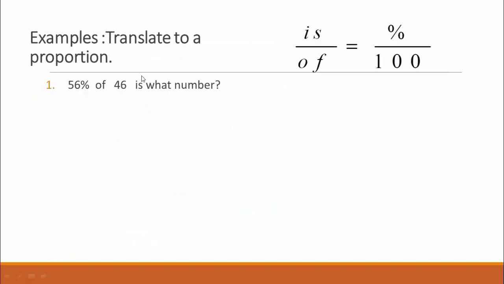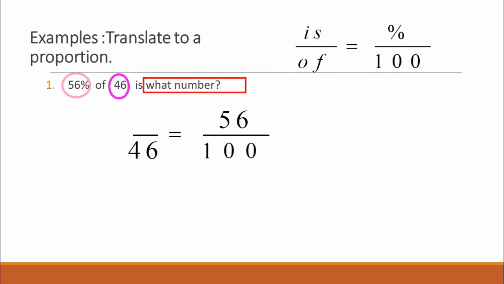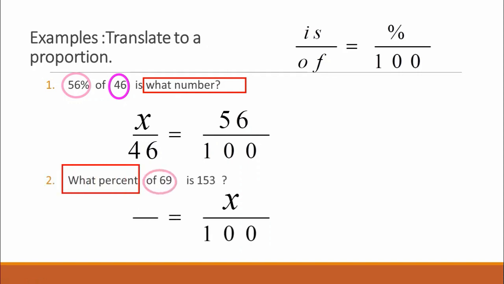To translate this percentage formula through an example, here we have an example: 56% of 46 is what number? So dear students, in this description, 46 is connected with "of", so it means whole.